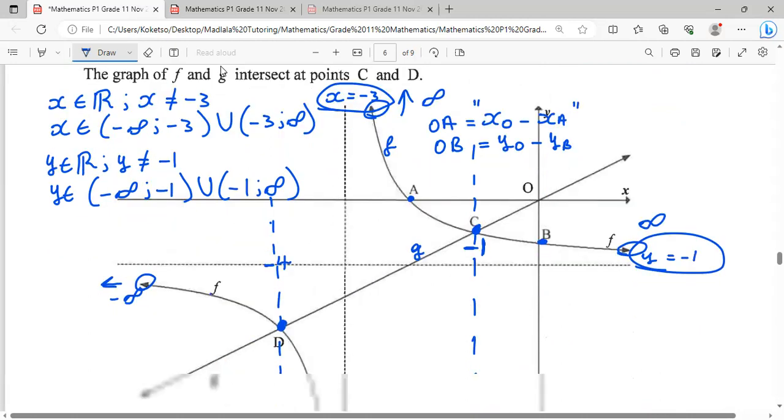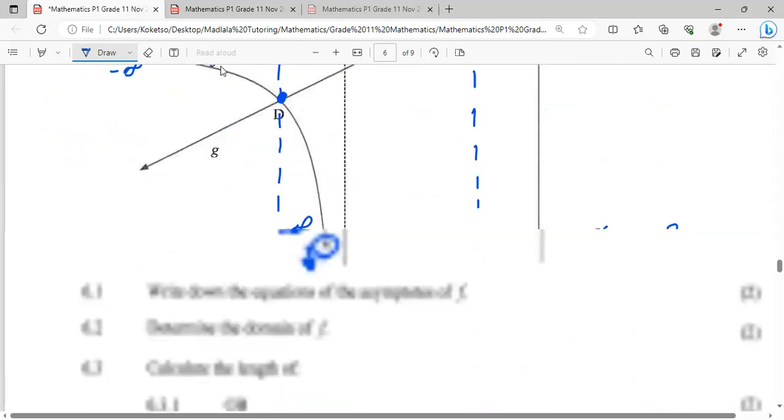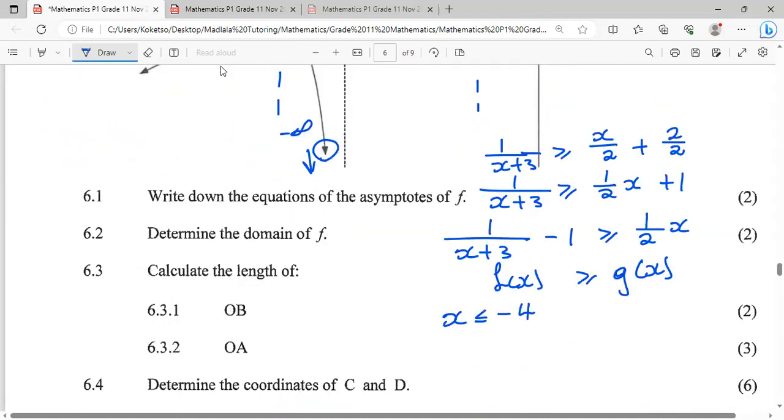So we tell them that between -3 and -1, the function f is above the function g. So it's another solution. So we say it's where x is less or equal to -1, but greater than -3. So this means any value that is between -1 and -3.